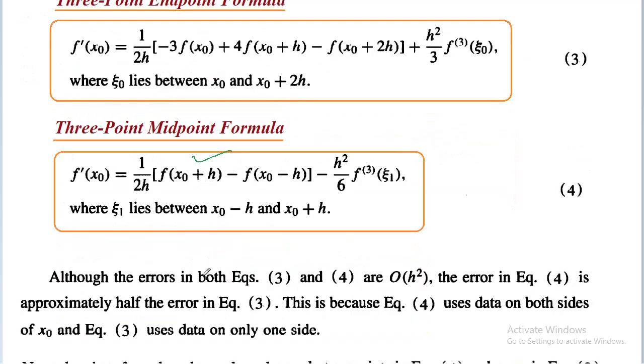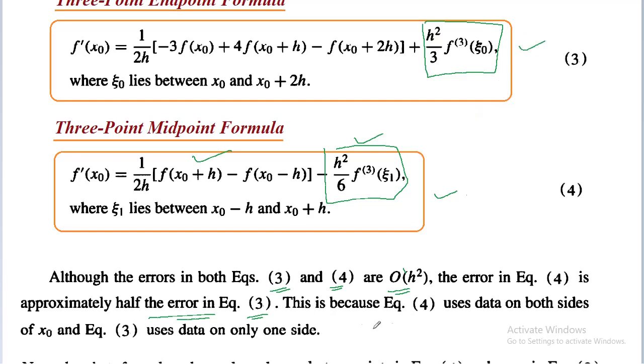Now, although the errors in both equations 3 and 4 are of order h square, the error in equation number 4, that is in the 3-point midpoint formula, is approximately half the error in equation number 3, the 3-point endpoint formula.